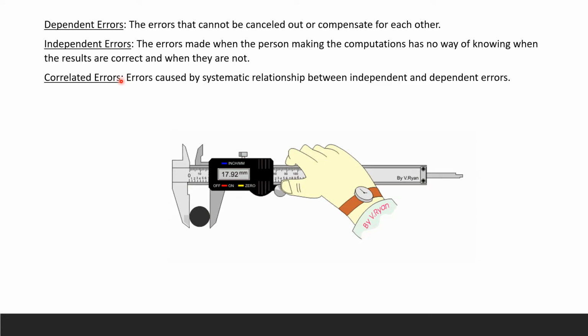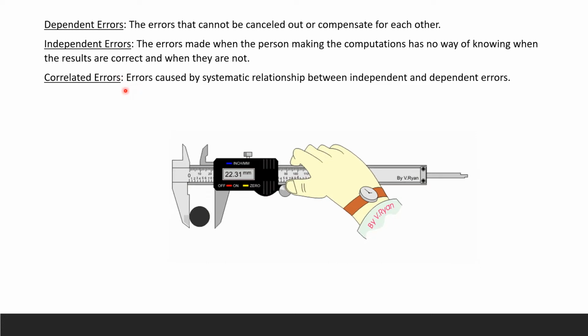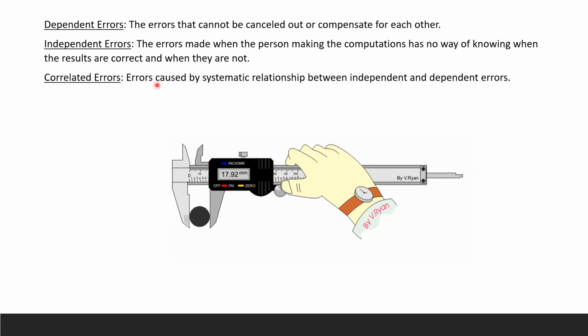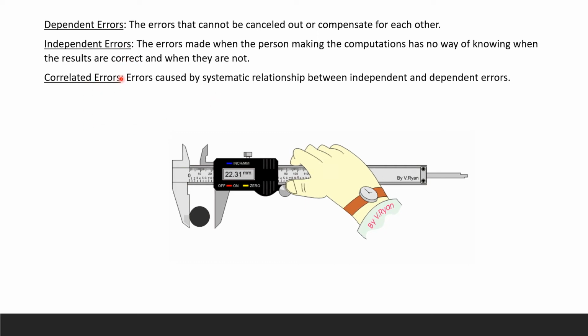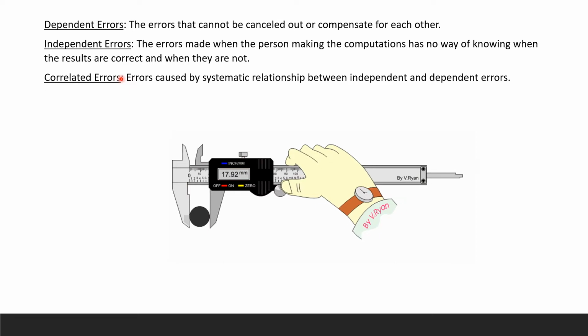So correlated errors, your surface error in the previous example: the errors caused by a systematic relationship between independent and dependent errors, okay? This one and that one. So when they make a systematic relationship, you get correlated errors happening on the surface of the object or the part you're measuring.